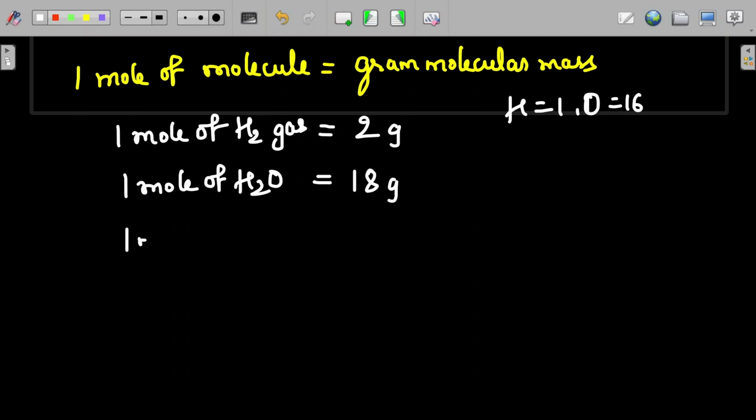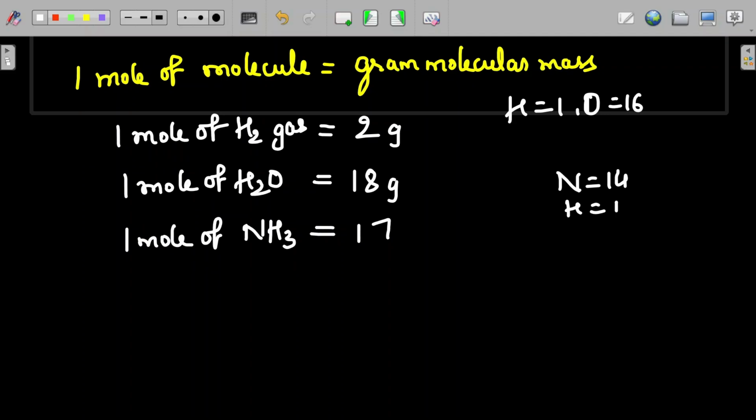Okay. 1 mole of NH3. Vanishika, tell me. Nitrogen's atomic mass is 14, hydrogen's is 1. 17. 17 grams. That's it.